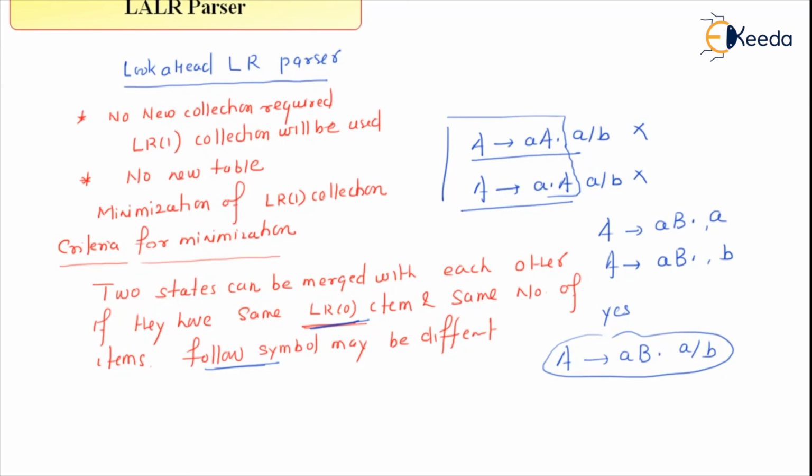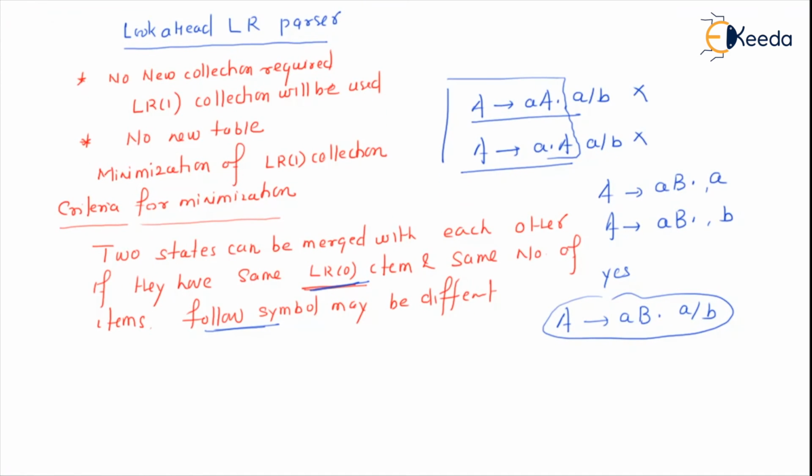Let me give you more examples. Suppose B derives A dot followed by A or B, and can I merge it with A derives A dot followed by C? There is a dot here and a dot over here. Can I merge these two? The answer is again no, because one consists of two items and the other consists of only one item.